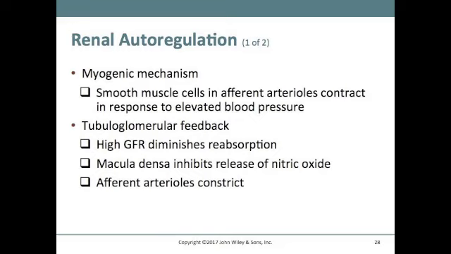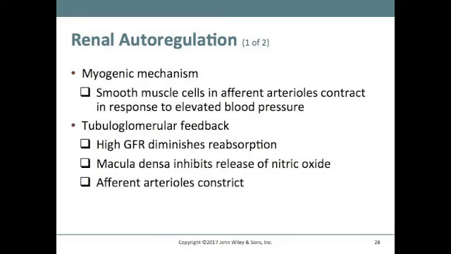As a result, the proximal convoluted tubule and nephron loop have less time to reabsorb sodium ions, chloride ions, and water. The macula densa cells are thought to detect the increased delivery of sodium ions, chloride ions, and water, and to inhibit the release of nitric oxide from cells in the juxtaglomerular apparatus.